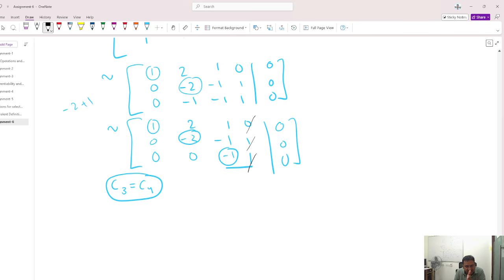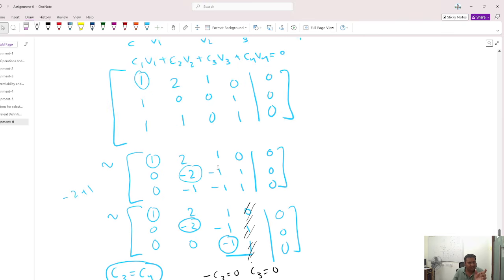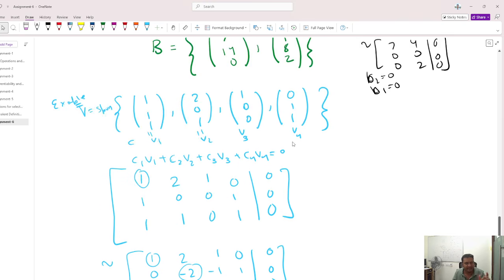Then from the second equation, minus 2 C2 minus C3 equal to 0, so this implies C2 is 0. Similarly, from the first equation, you will get C1 equal to 0. So when you delete that vector, C1 equal to C2 equal to C3 equal to 0. So it means the first three are linearly independent.